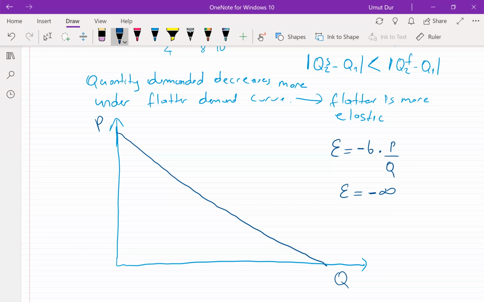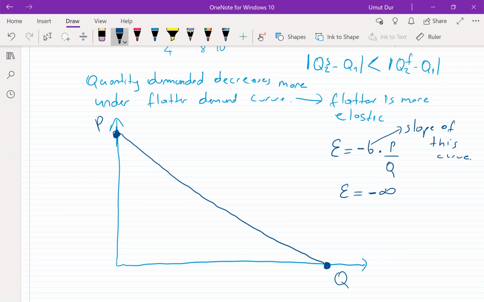Let's think about this point and this point. Minus b will be related to the slope of this curve. In fact, it will be 1 over the slope.